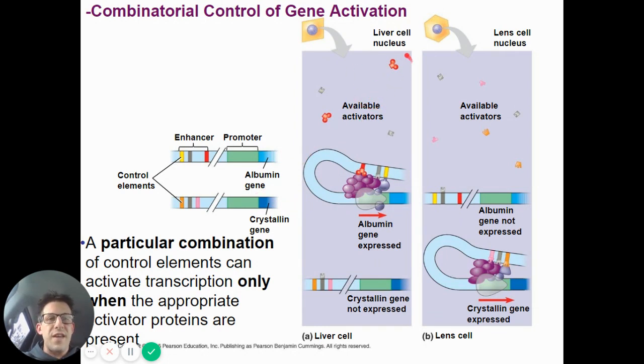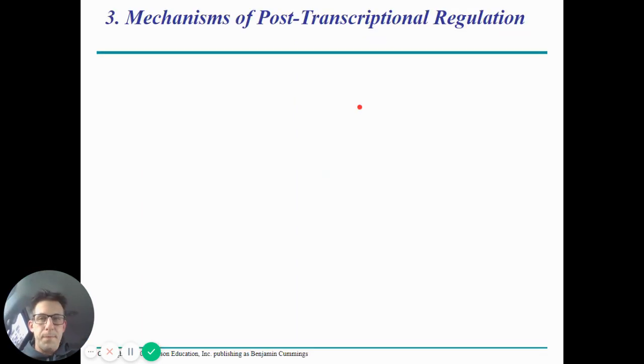There's a very good chance that these activators came from, or are the result of, induction by nearby cells during development. This liver cell very well could have gotten a signal from some other cell nearby that says, okay, you're going to produce albumin. So here are red and gray activators to do the job. That's kind of how it works. All right.